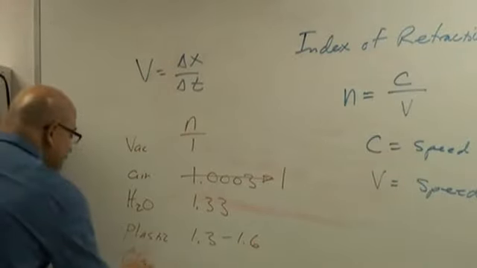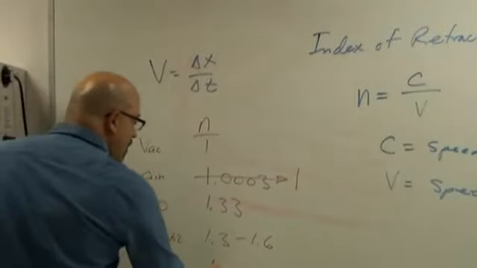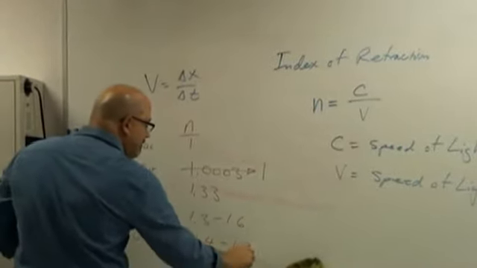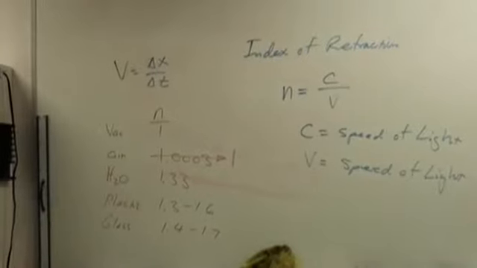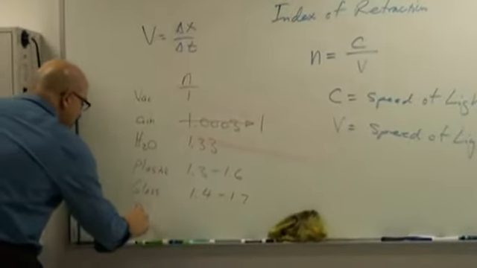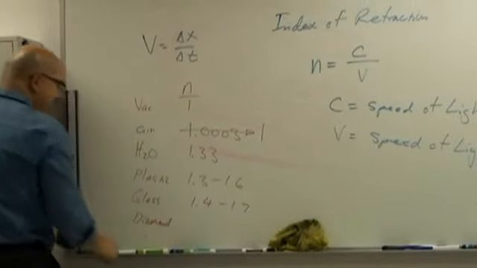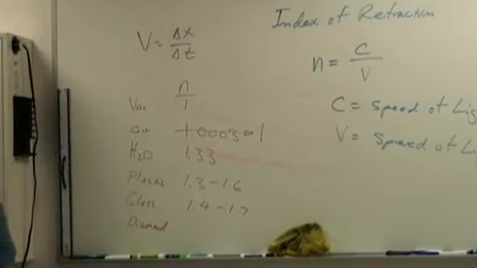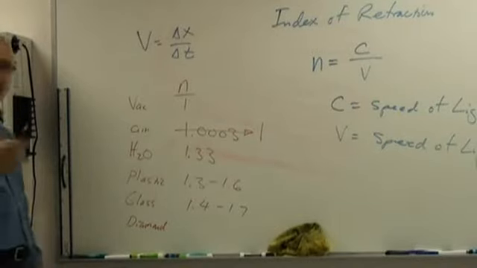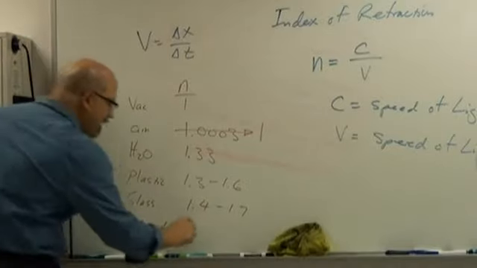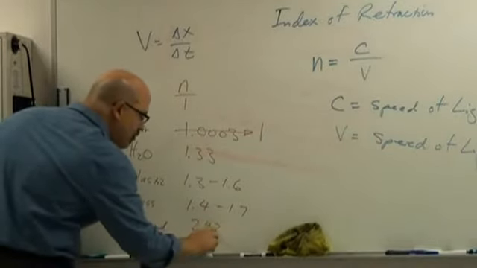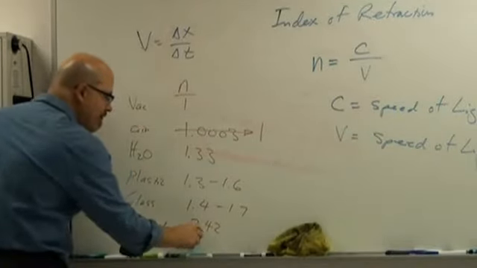Okay, glass. 1.4 to 1.7-ish, somewhere in there, depending on what kind of glass. There's actually like crown glass and flint glass. There's different varieties, depending on what kind of sand they use to make it. Diamond, 2.42, if I remember correctly.